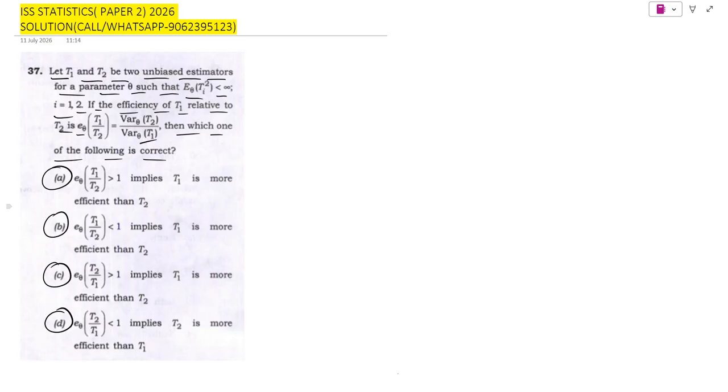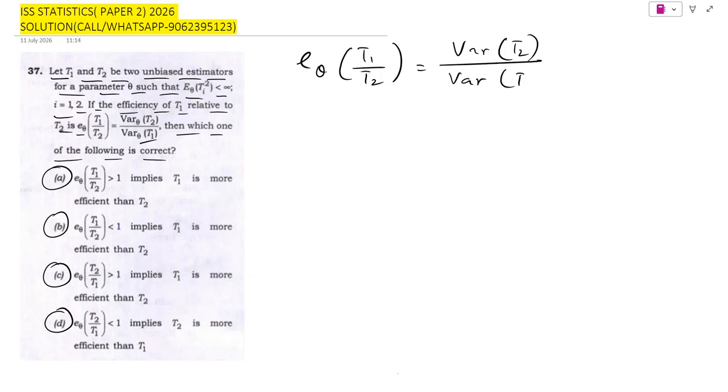Now, the question already gives us a definition. This is variance of T2 by variance of T1. Notice something interesting: the numerator contains the variance of T2 and the denominator contains the variance of T1. So ask yourself, what happens if E theta of T1 by T2 is greater than 1?